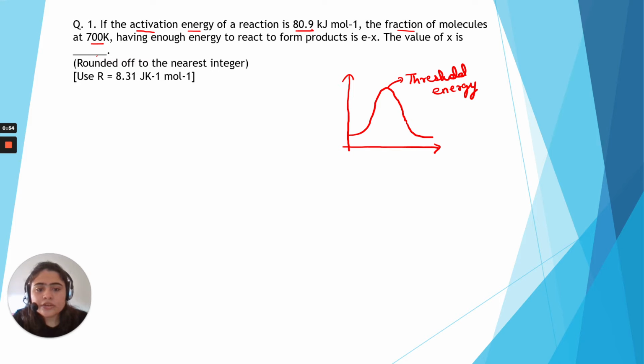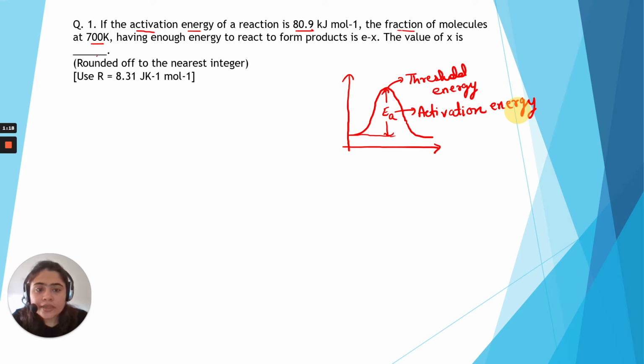To acquire this threshold energy, reactants need to gain a certain amount of energy. This is the activation energy. This energy activates the reactant molecules to acquire the threshold energy so that they can undergo effective collision to change into products. So this is what activation energy is.